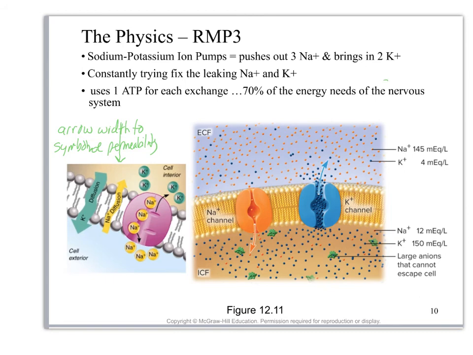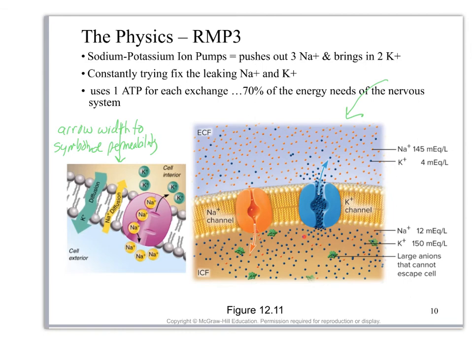What I like about this picture is instead of arrows, they've got the actual gates, okay? So orange is sodium, blue is potassium. The other thing I really like about this picture is that they're showing lots and lots of sodiums out here, not a lot of blue potassiums, but on the inside, lots and lots of blue potassium and only a few of the little orange sodium molecules.